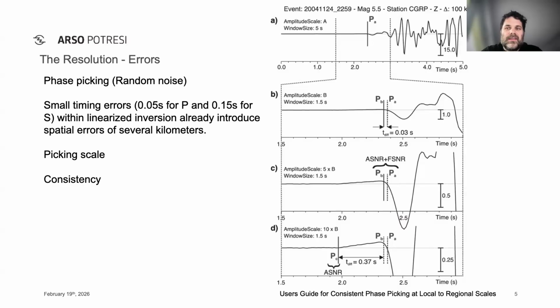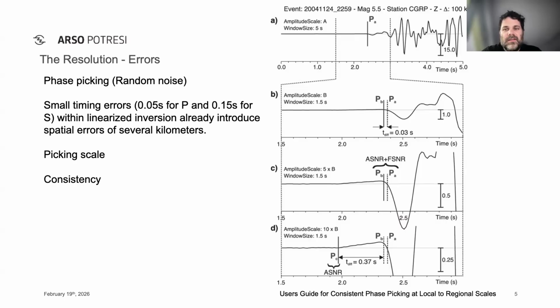For P, and for S slightly larger, around 0.15 seconds. These are realistic numbers, but these already introduce errors that can be several kilometers when we are using the standard linearized inversion.